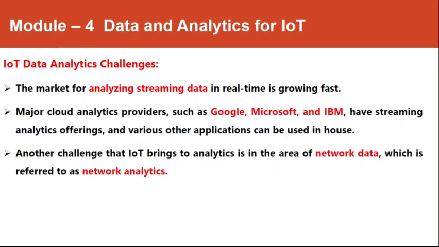So the challenges IoT data is facing are: first, the scaling problem; second, volatility of data; third, analyzing live streaming data; fourth, network analytics. So there are four major challenges that IoT data analytics poses.